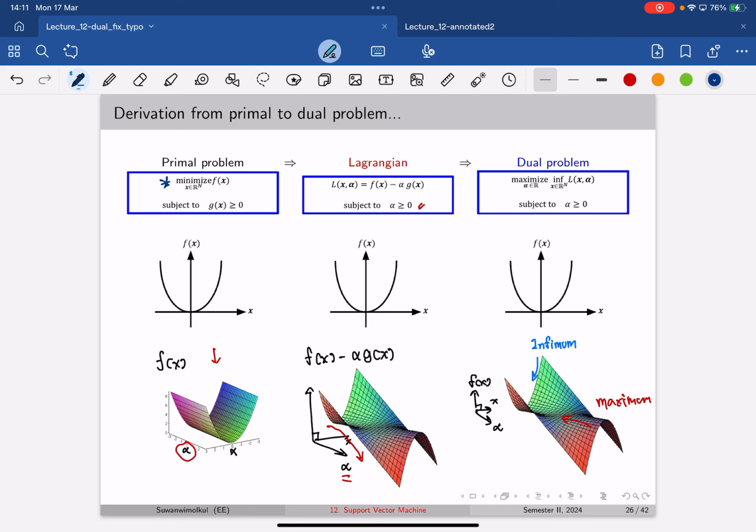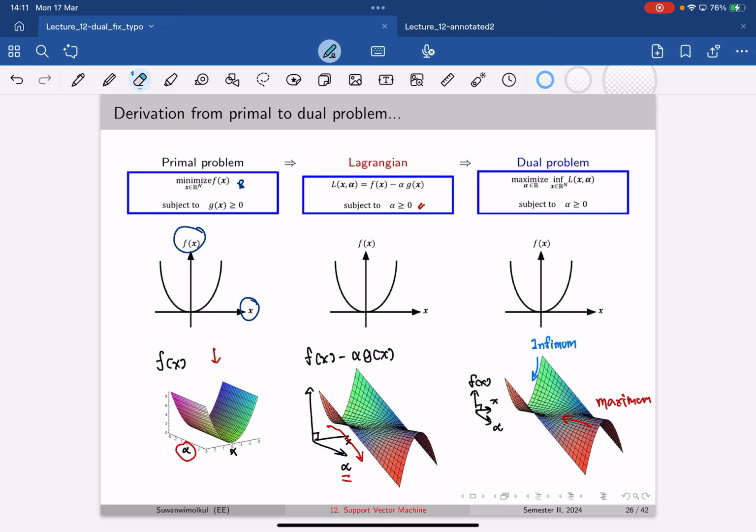That's convex. And with this convex function, if you plot it as a function of x, let's say f(x), in this optimization problem, x is the variable that you are varying such that you can optimize the value of your objective function.